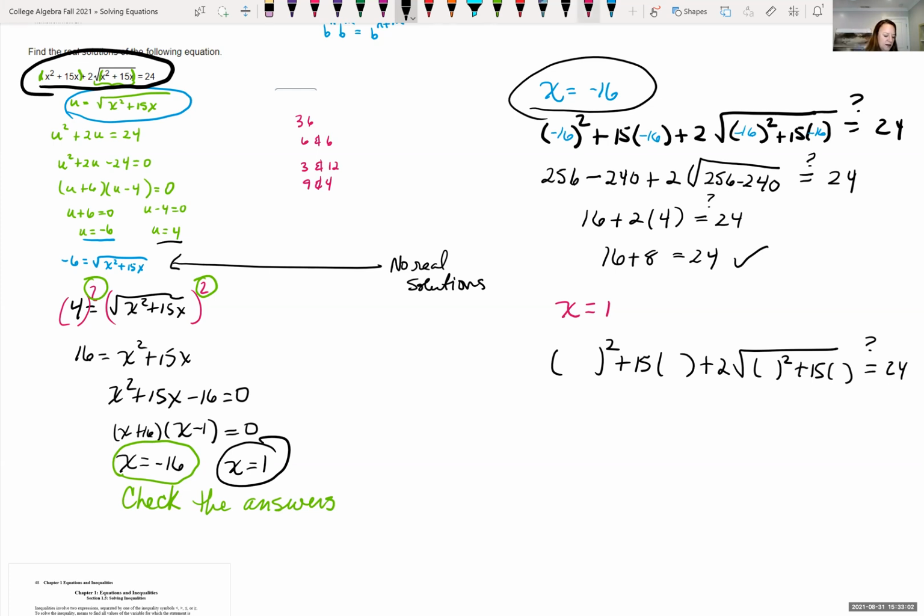So we have 1 squared plus 15 times 1, plus 2 square root of 1 squared plus 15 times 1 underneath the radical. Does that equal 24? So 1 squared is 1 plus 15 is 16, plus 2 times 16 underneath the radical. So 16 plus 2 times 4 is 8. That is 24 again. So x equals 1 is also a solution.